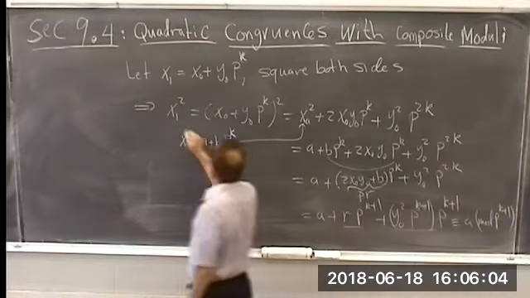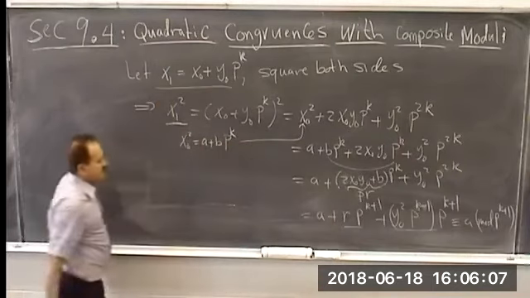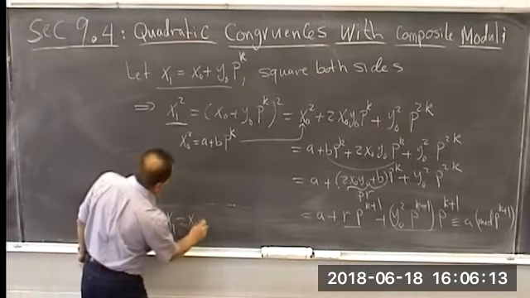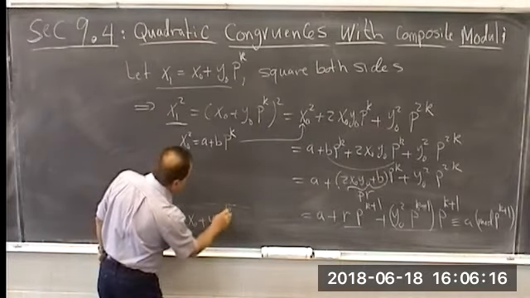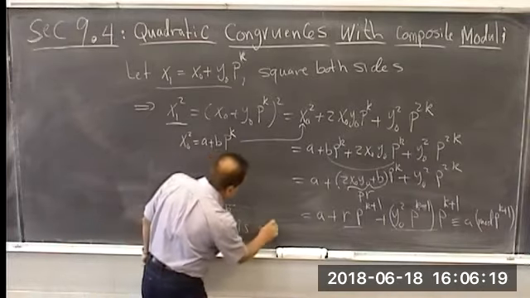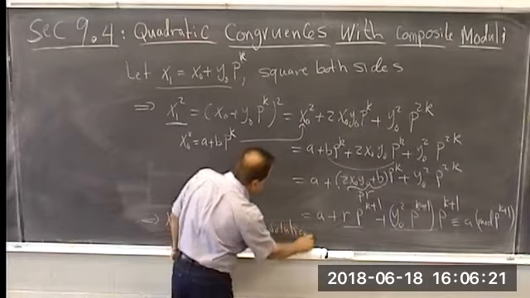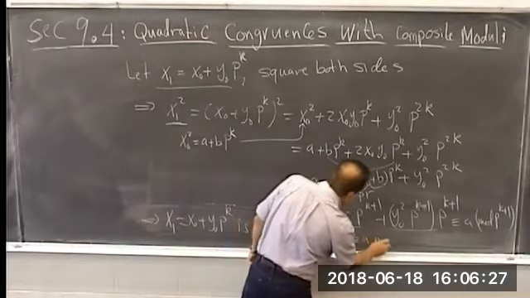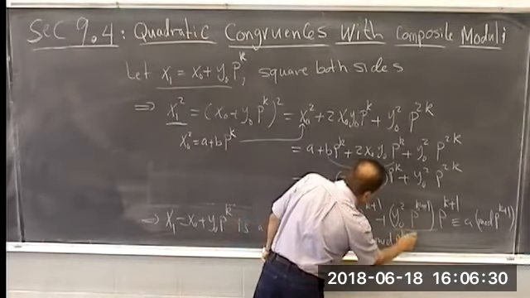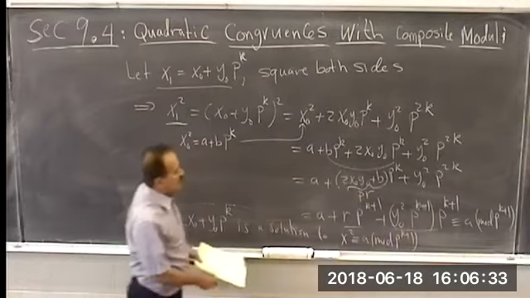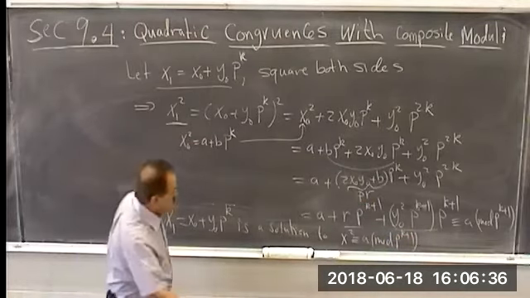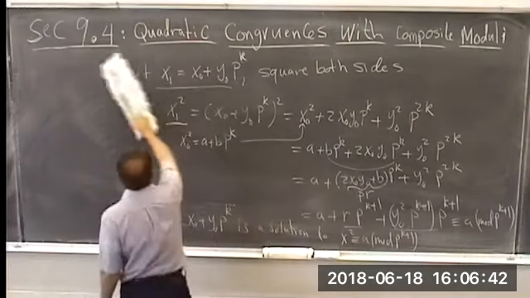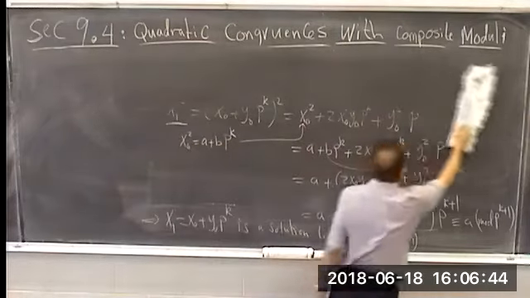What does this mean? This means that this x1 is a solution. So x1, equal to x sub 0 plus y sub 0 p to the k, is a solution to x squared congruent to a mod p to the k plus 1. And then by mathematical induction, x squared congruent to a mod p to the alpha holds for any integer alpha.